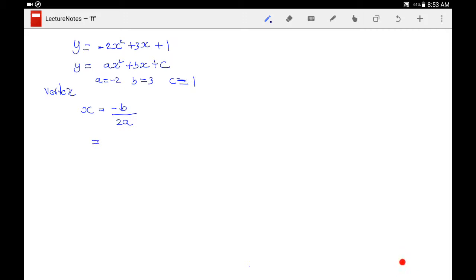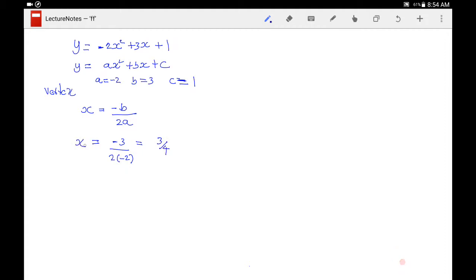Here b is 3 and I have the minus from the formula, and b is 3, then 2 times a is minus 2. So this is 3 over 4. This minus and minus become positive, so I get 3 over 4.